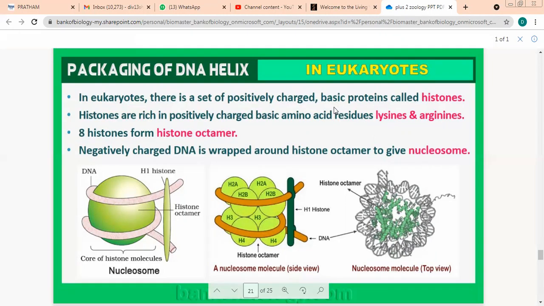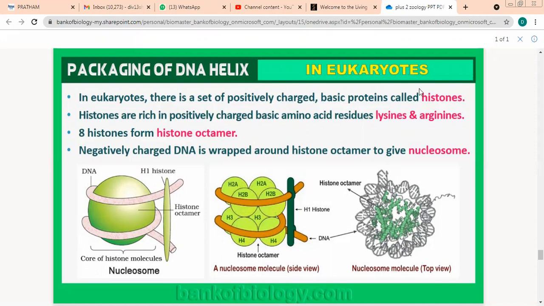They're not acidic, they're not neutral, they're basic, because they contain basic amino acid residues. Anything made from the remains of an amino acid is the residue. They contain two things, lysines and arginines. What are the two things they'll contain? Lysines and arginines.